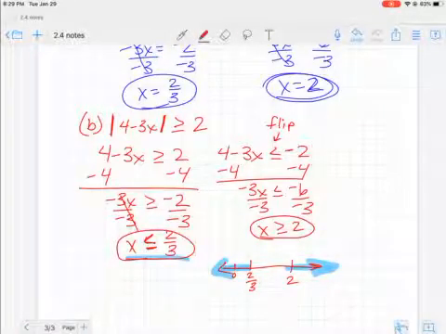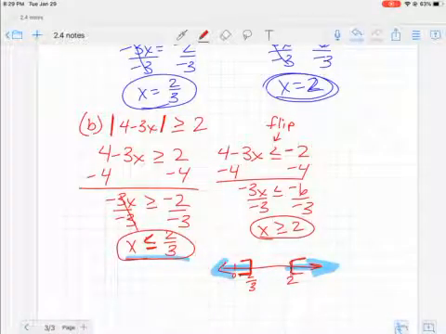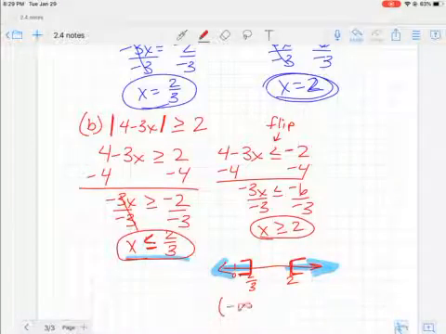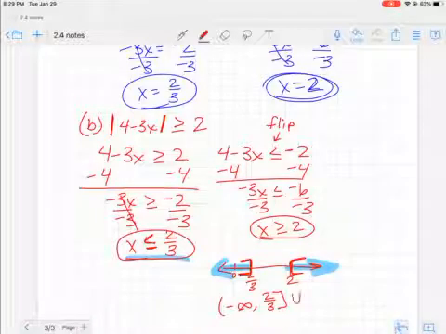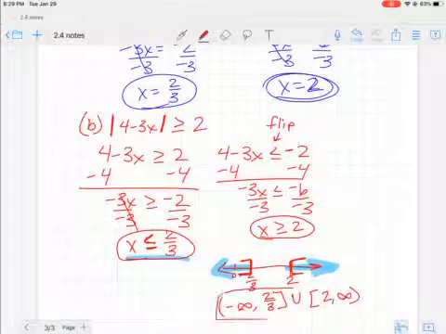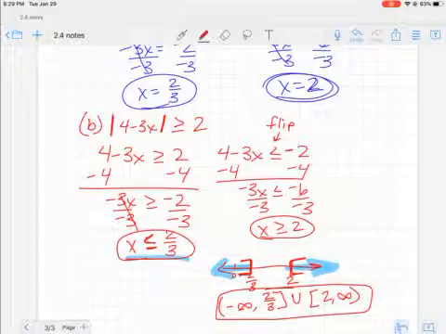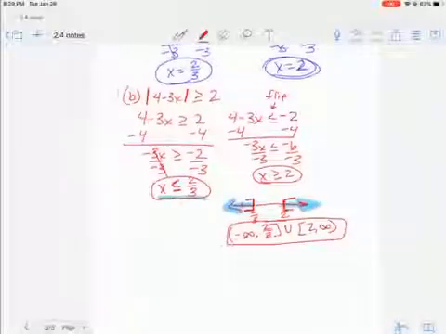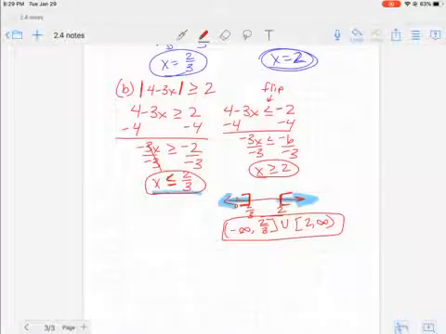What symbol are we using with that or equal to scenario? Bracket. Right on. So I actually have the solution of negative infinity to 2/3 bracket union with bracket 2 to infinity. Good.